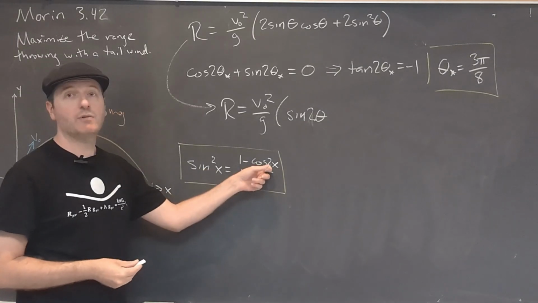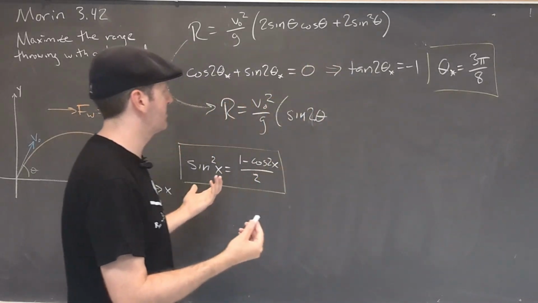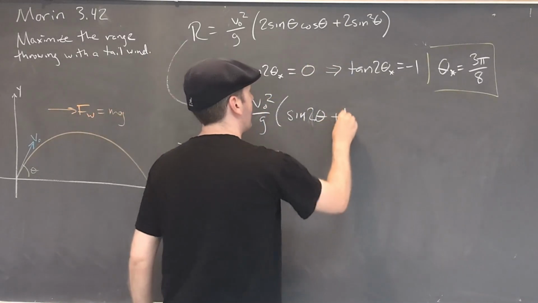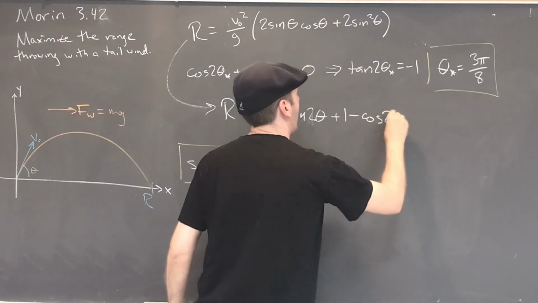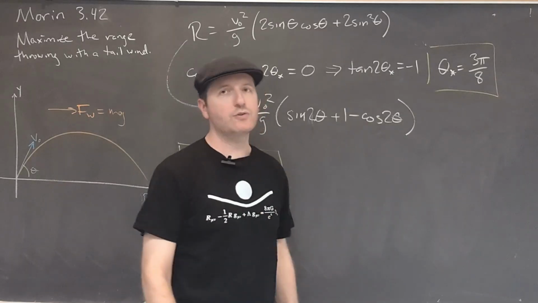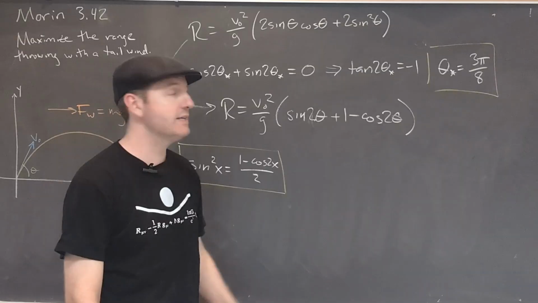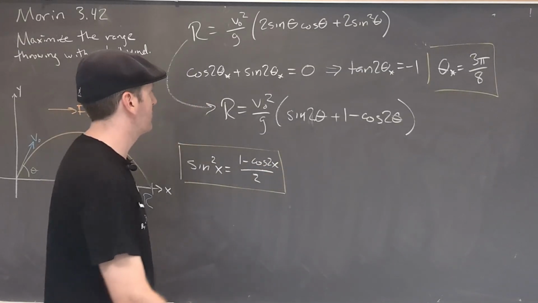Notice that we do pick up a double angle that we're after. And the 2 right here will cancel the 2 right there, so it's already kind of not so bad. And now we see that we have a sine 2 theta minus cosine 2 theta. Can't really simplify that, but we know what 2 theta is more easily. We do end up with this extra plus 1.